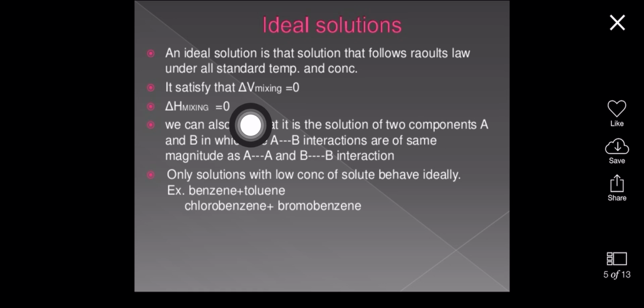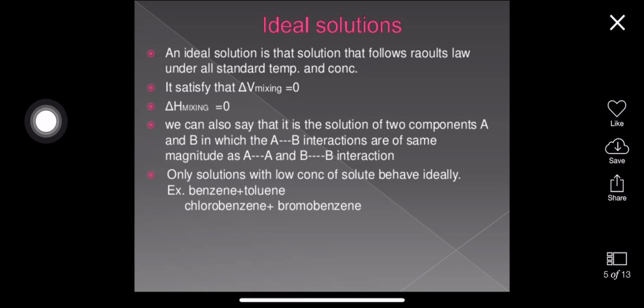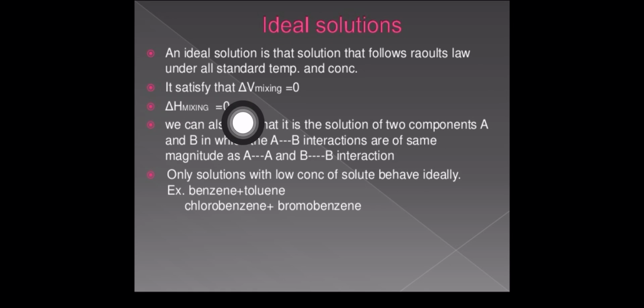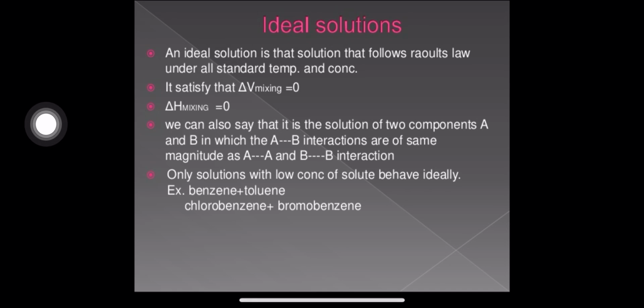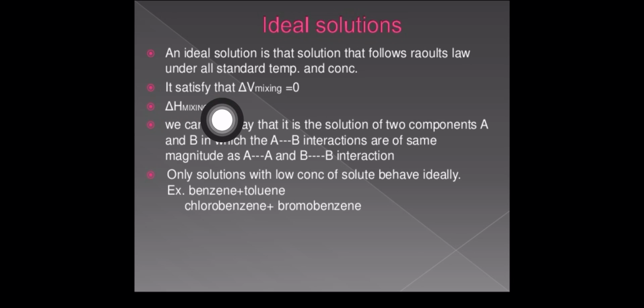Now what is this delta V mixing equals 0? That is change in volume. Delta, you know that you are studying in your physics also and in maths also. What is delta? Delta means change, right? So when there is an ideal solution, when the two components are mixing, after the mixing there is no change in the total volume.